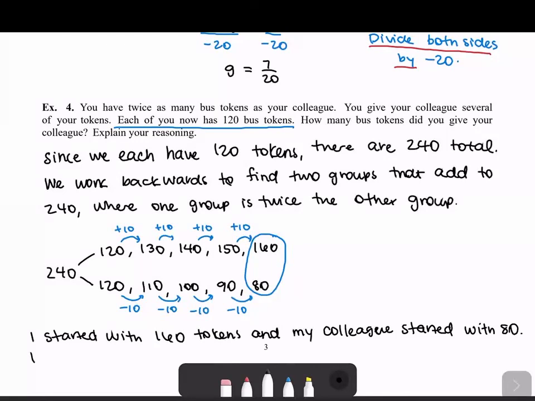And then we know if we both had 120, that means that I gave them 40 tokens, because 160 minus 40 is the same as 80 plus 40, which is 120. Great. So we gave them 40 tokens.